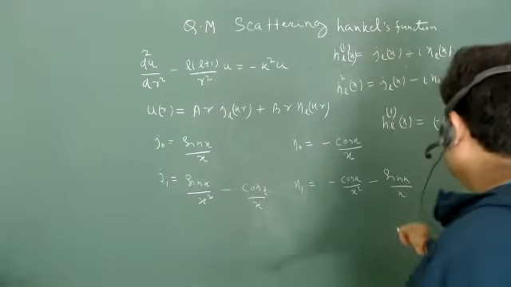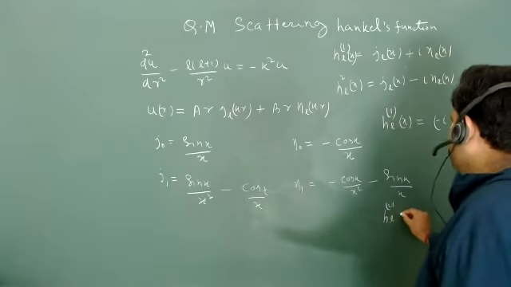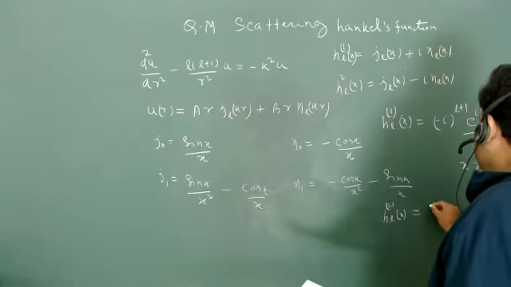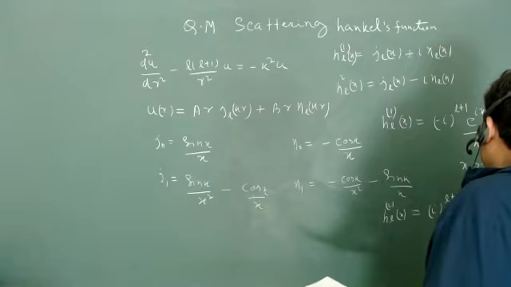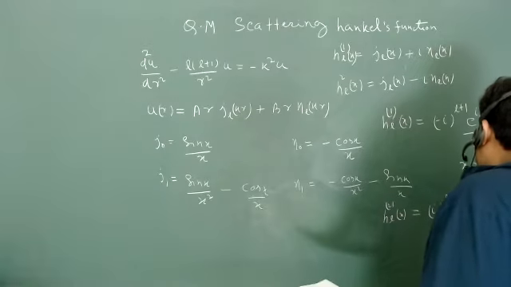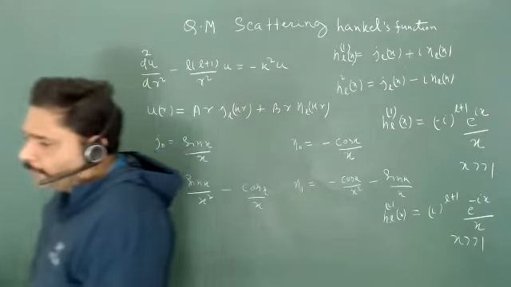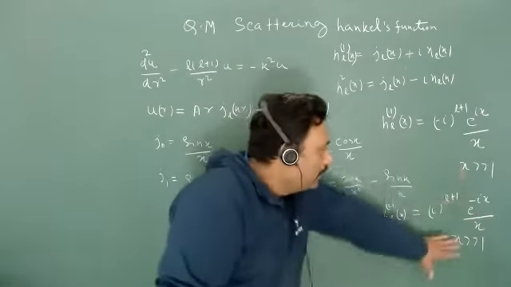And similarly, the second type Hankel function h_l2(x) has the property i to the power l plus 1 e to the power minus ix upon x, for x much greater than 1. So these are the properties of our Hankel function for very large x.